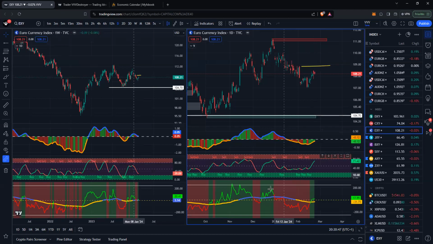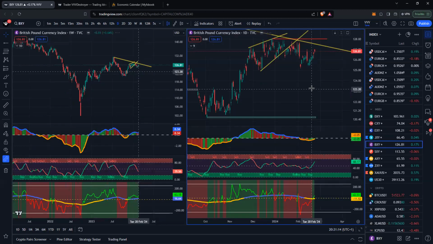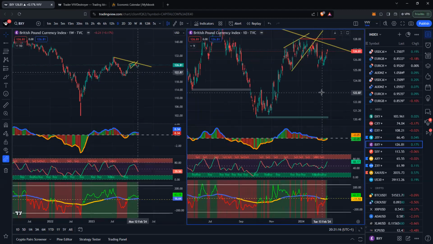We don't really see a big move, but you see that the destroyer is moving to the upside, and that's something to look at actually, because when you see something strange like that, then you have to ask the question, why is it happening?